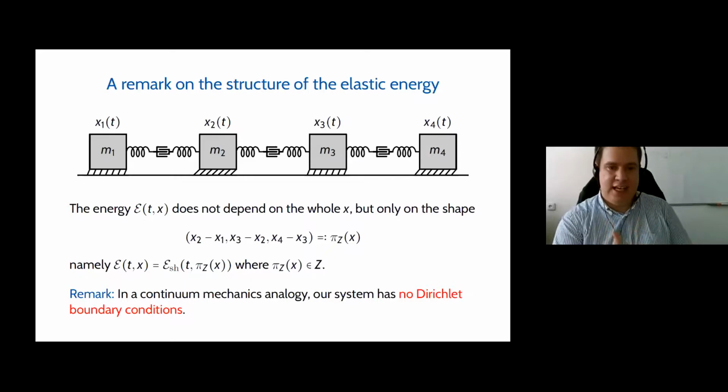In that case, what you get is that our system has no Dirichlet boundary condition. Usually in a continuum mechanical problem, you use Dirichlet boundary conditions to pass to a subspace where the energy is coercive. Here, you cannot do that any longer.